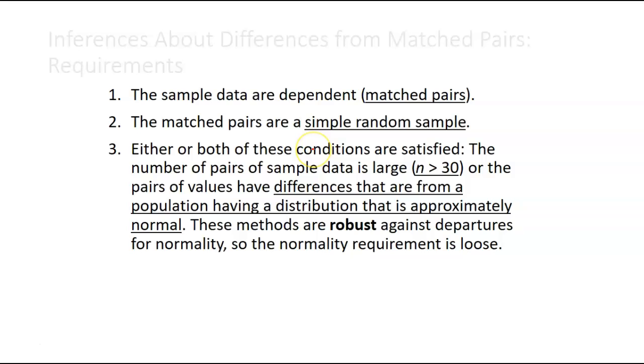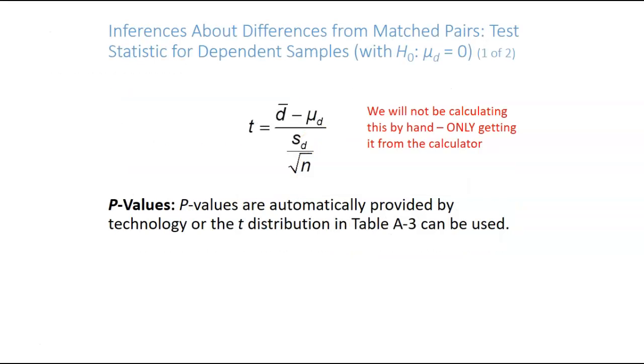So we're going to really, in this section, focus on their differences. Okay, here is our test statistic. If you notice, this test statistic is actually very similar to the one that we've used before, x bar minus mu divided by s over the square root of n. It's just everything is in relation to the difference, and that's really the only thing we see that is different.